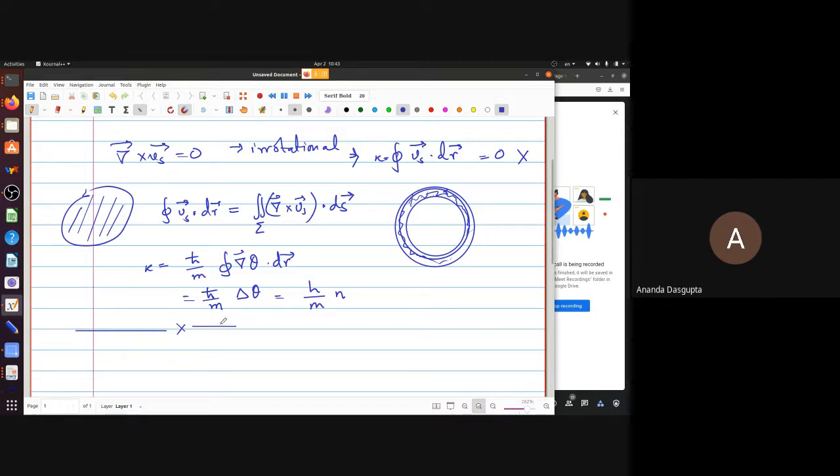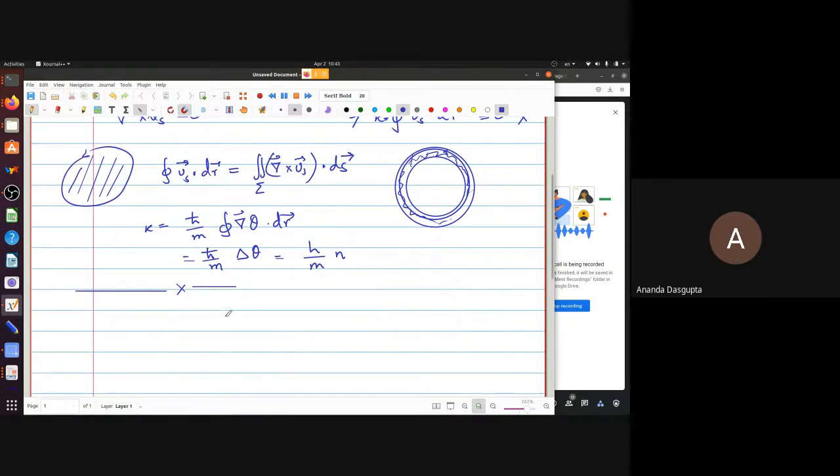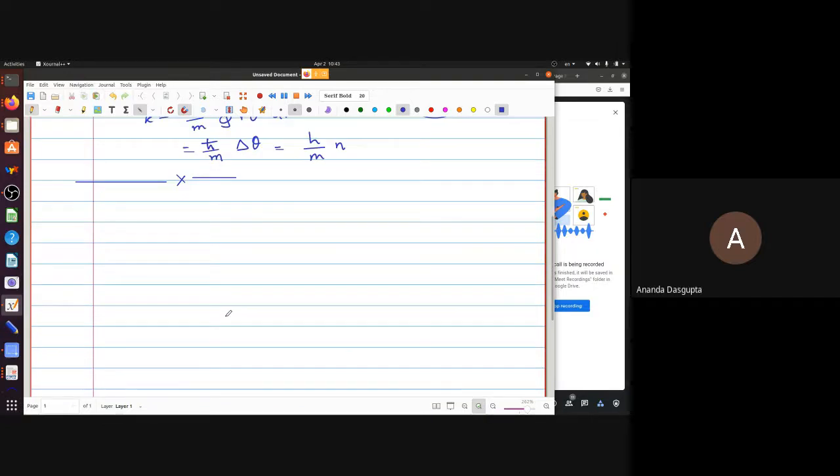But now, suppose instead of taking a system like this, suppose we had a cylinder of liquid helium, and we made that rotate.